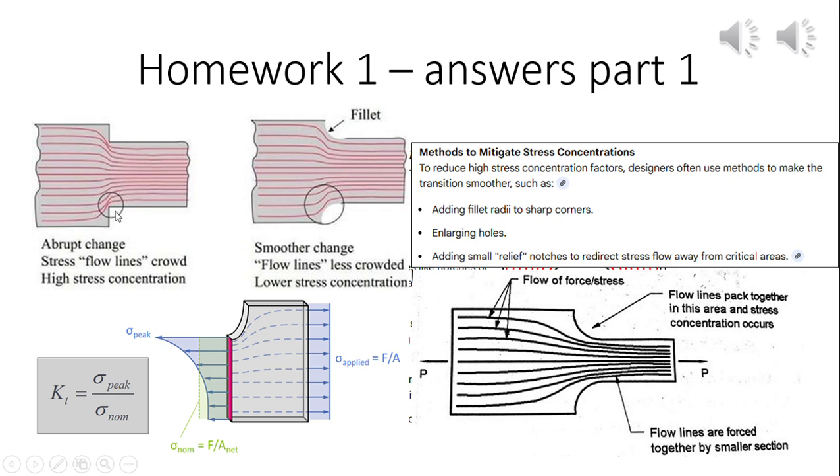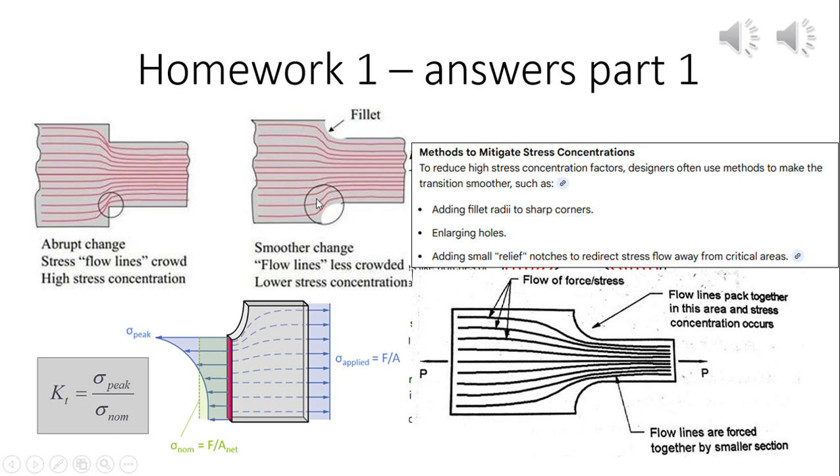With the abrupt change, stress flow lines are crowded and high stress concentration is present, while with the smoother change with the fillet, the flow lines are less crowded. Like this you have lower stress concentration.